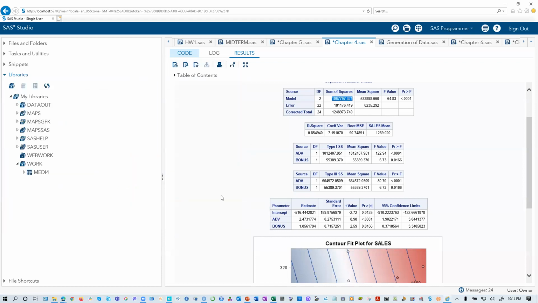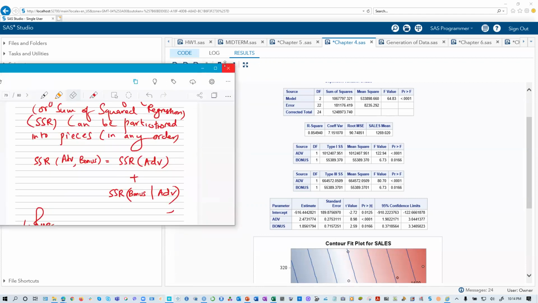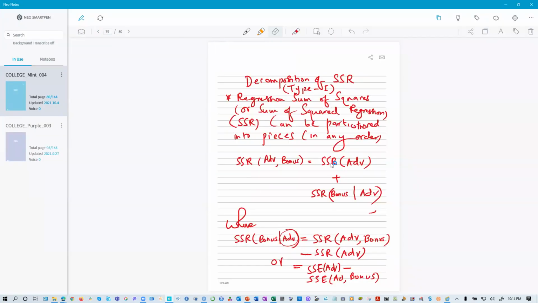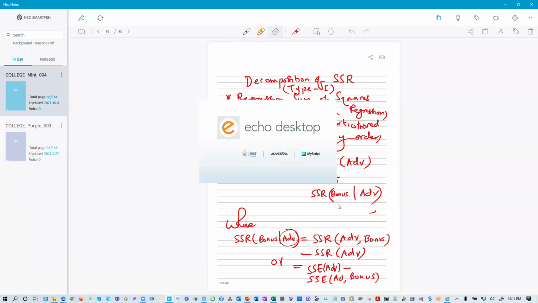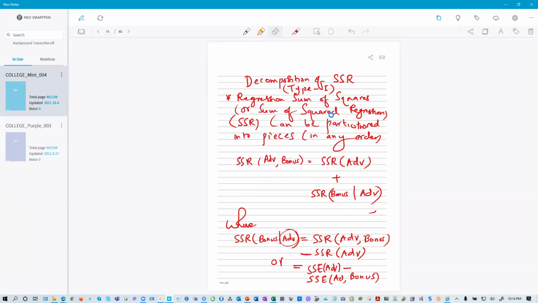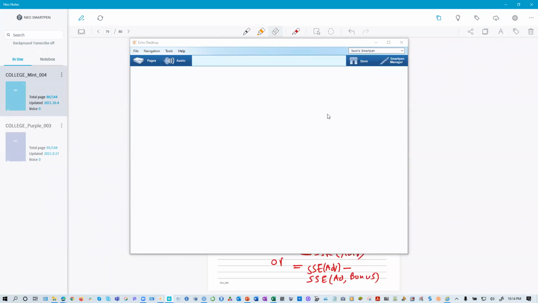That's what they say. Now you add SSR and this one, those two.